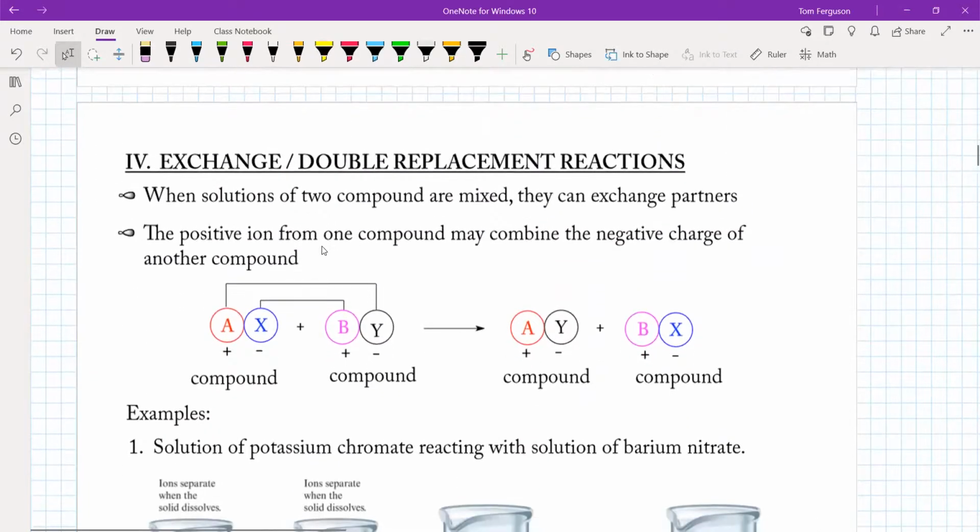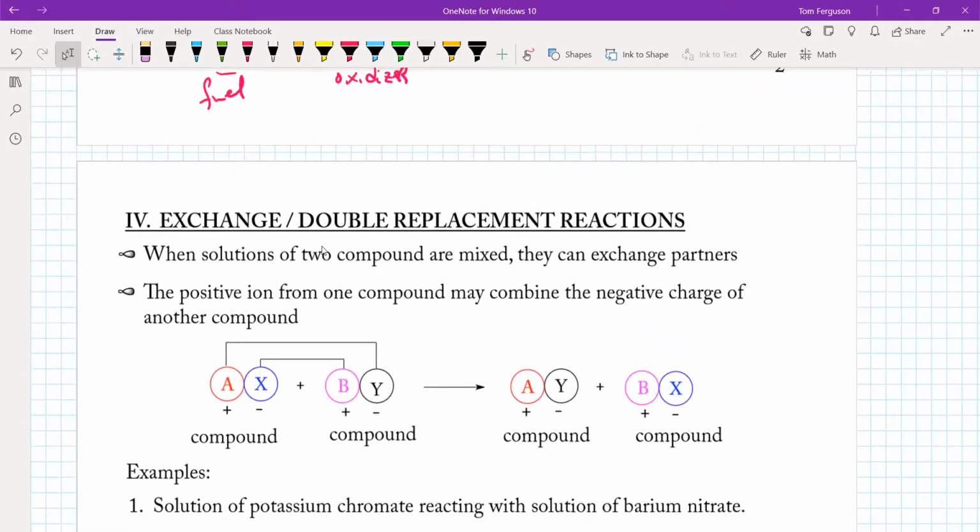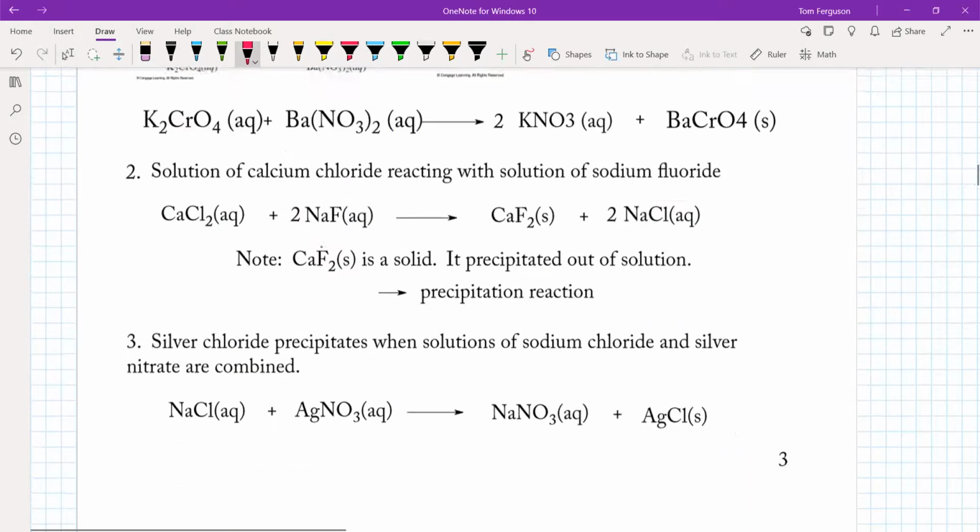Okay, now there are two reaction types that sound sort of the same, but they're not. One is called a double replacement reaction, or an exchange. And the word exchange is nice because it sort of explains the reaction.